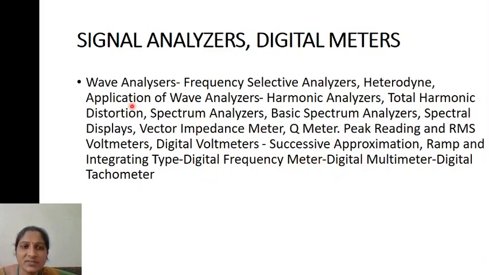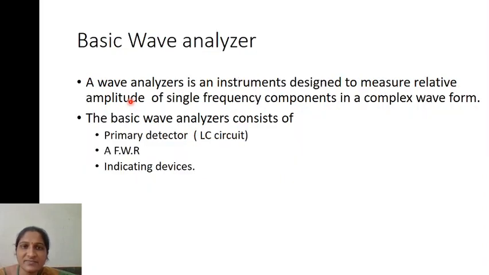Coming to the first topic, wave analysis. What is the meaning of wave analyzer? Analyzing of a wave is nothing but called a wave analyzer. A wave analyzer is an instrument designed to measure the relative amplitude of single frequency components in a complex waveform.